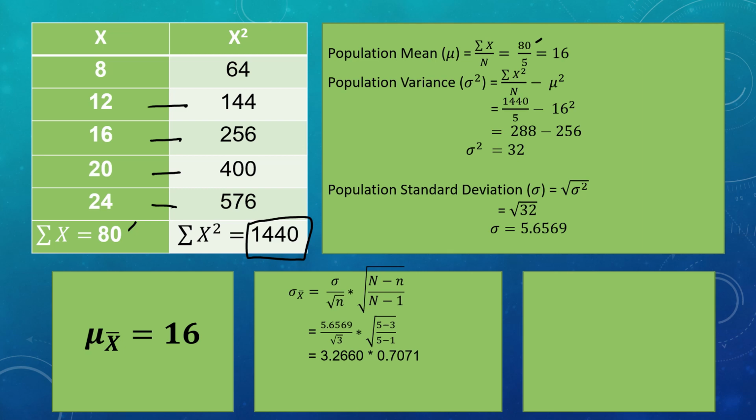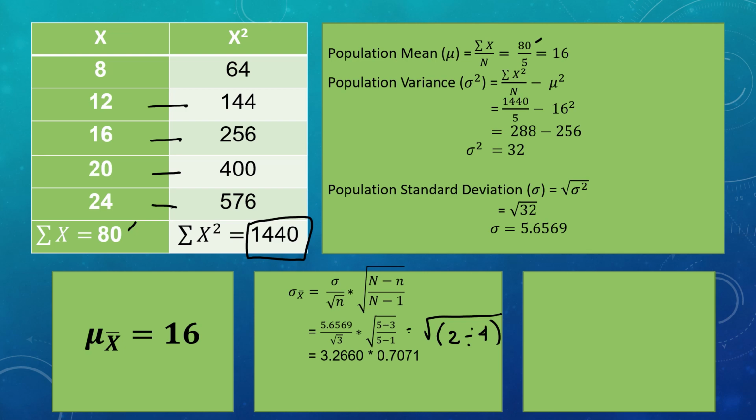Now, to press this one in your scientific calculator, square root of the parentheses 5 minus 3 is 2, divided by 5 minus 1 is 4. So we are getting the square root of 2 over 4. If you're going to press that in your calculator, square root parentheses 2 divided by 4, the answer is 0.7071.